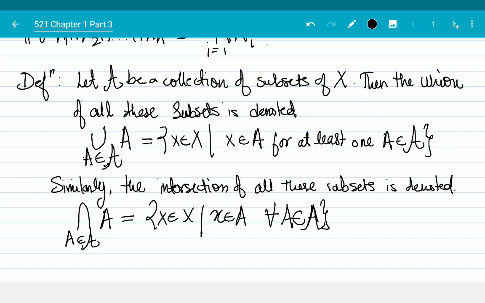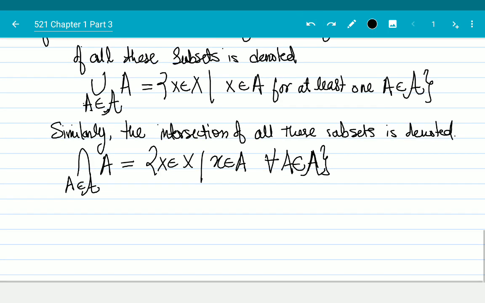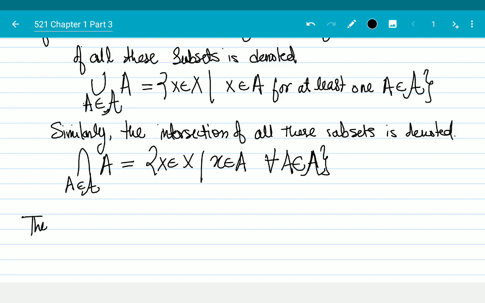Now, these are the definitions and elementary properties of unions and intersections. Now we get to the first important result, theorem, De Morgan's laws.